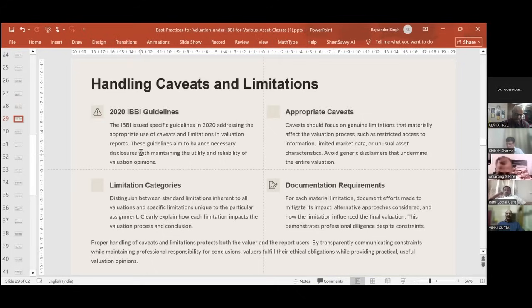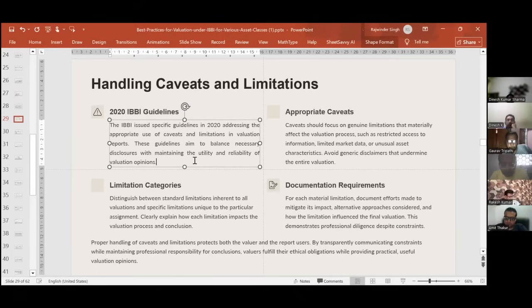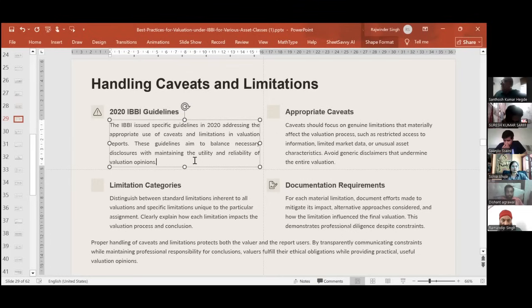So they have issued specific guidelines in 2020 addressing the appropriate use of caveats and limitations in valuation reports. So these guidelines aim to balance the necessary disclosures with maintaining utility and reliability of valuation opinions.